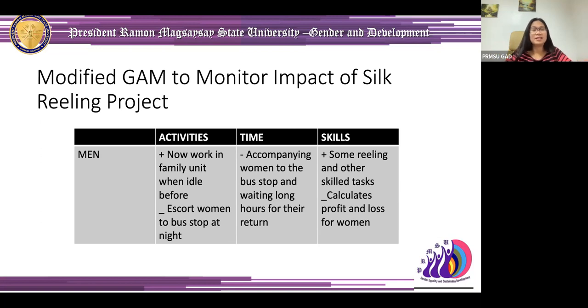So we can have GST para they will be aware na hindi naman porke lalaki ka ay ikaw lang yung mag-work and hindi ka nagagawa sa gawaing bahay. So I think a gender sensitivity training can address those issues. So the good thing about it, along the implementation of the program, pag na-identify nyo na yung negative effect, you can resolve the issues or concerns. Diba po?